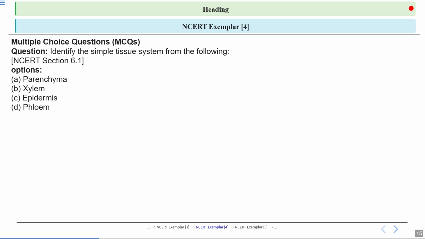At that point the cells are continuously dividing, but in the quiescent center the cells are large, inactive, or dividing very slowly. Generally the meristematic cells of the apical meristem are meant for division, but at this particular center the division is very slow or sometimes inactive.